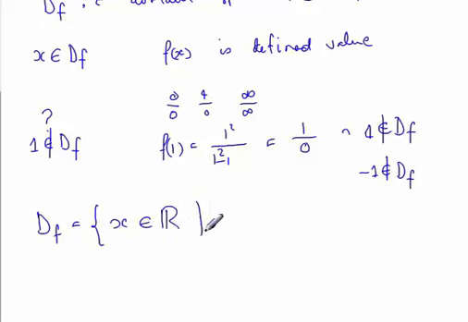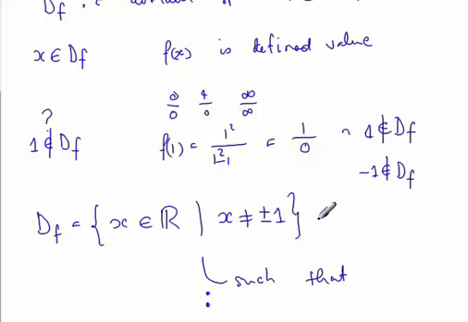Such that this line, as I write it there, you must read it as such that. And that line also can be replaced by something like this. It can be written as such that x is not equal to plus or minus 1.